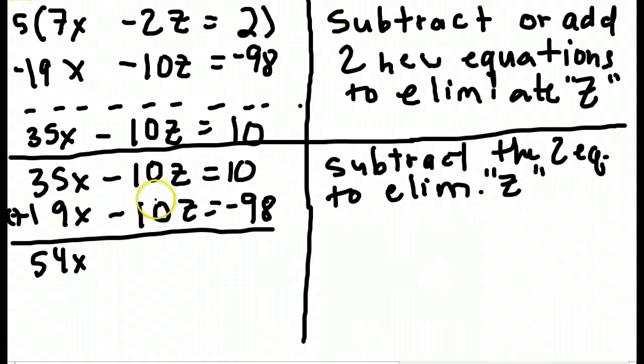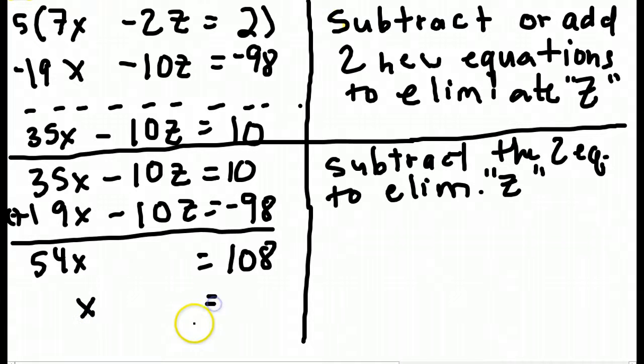Negative 10z plus 10z is 0. Then 10 minus a negative 98, which is plus. So what's 10 plus 98? 108.